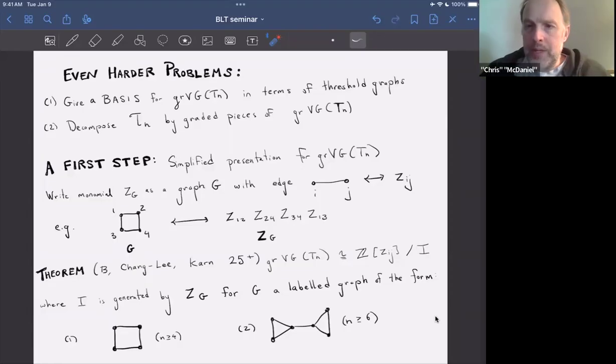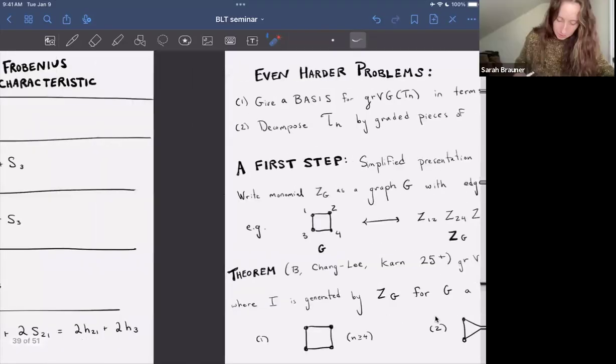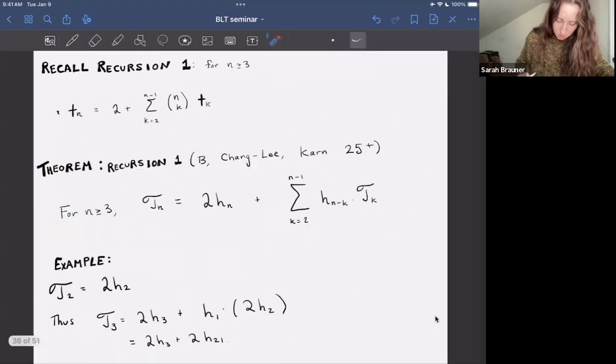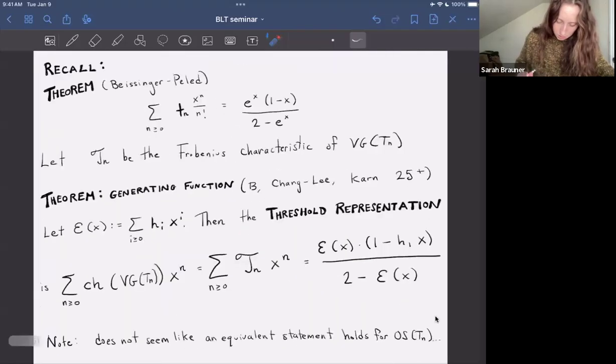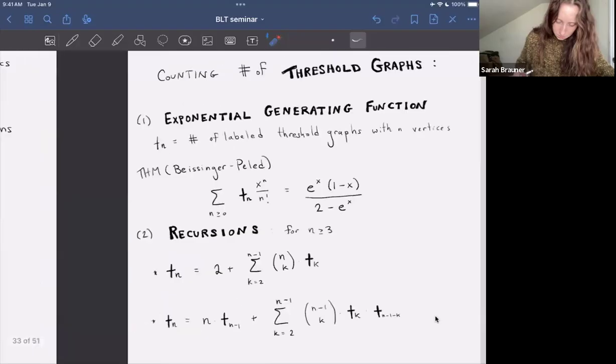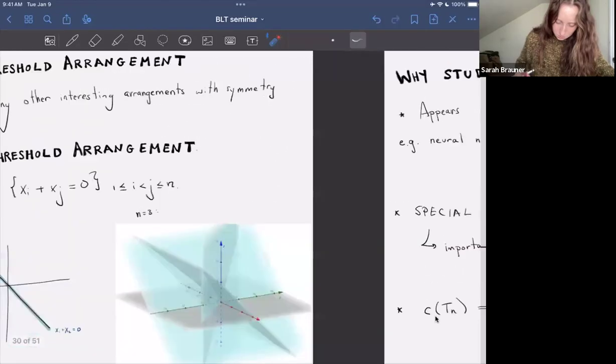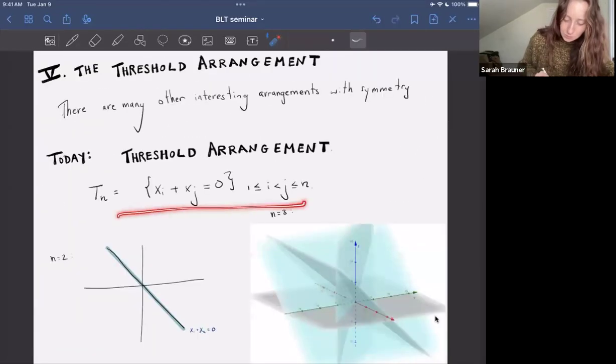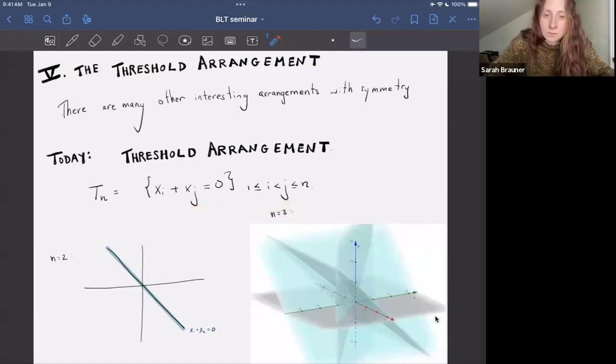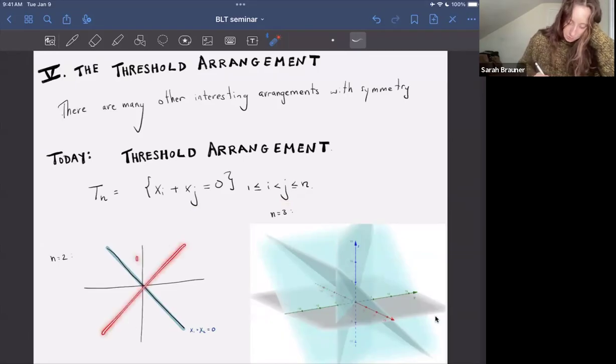Sorry, Sarah, would you mind showing the definition of the threshold arrangement again? Yes. If you thought about the type B arrangement, you would have these lines as well.